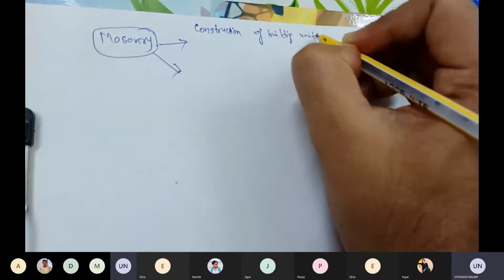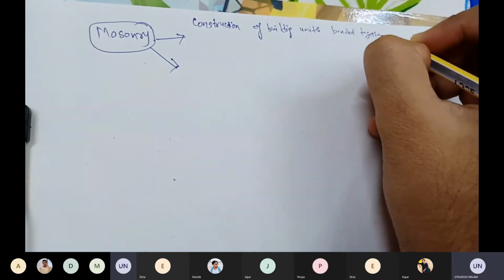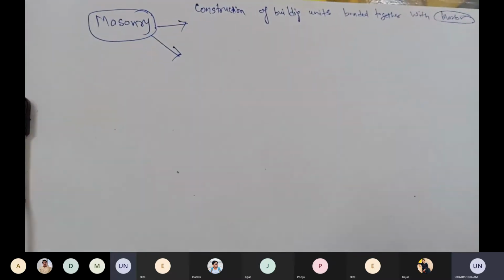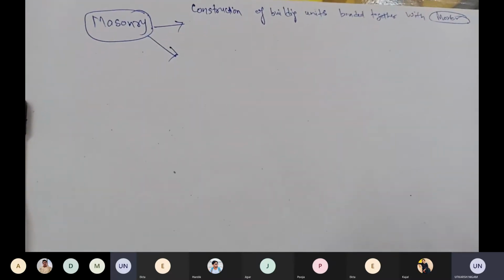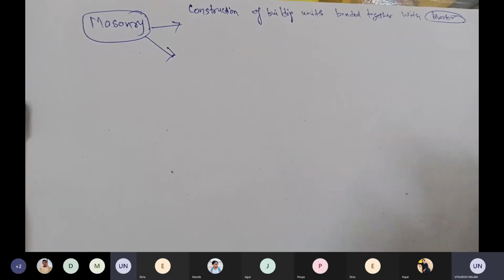Mortar is going to play an important role in masonry. So we are going to study here.